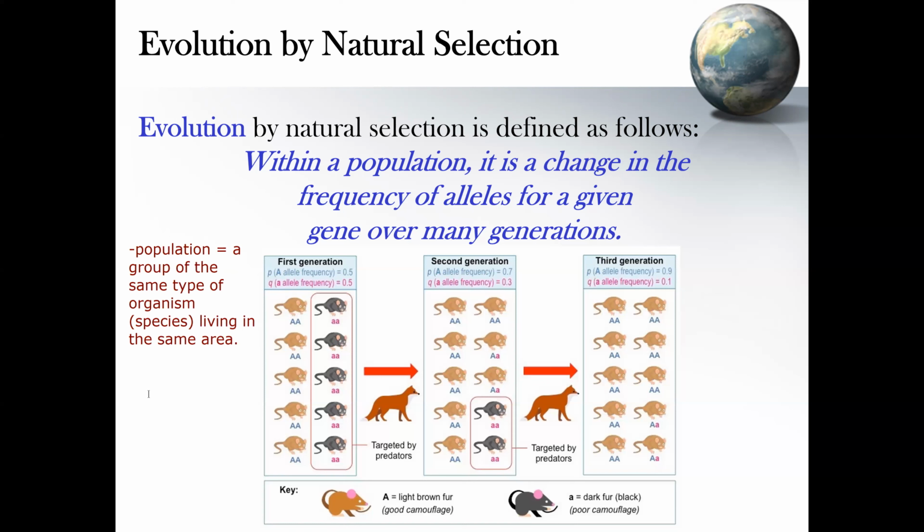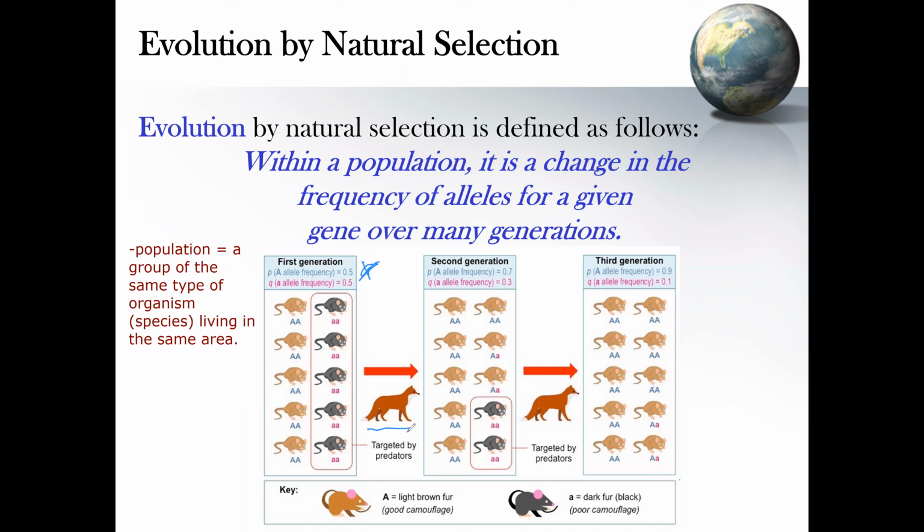So if you look at the first generation, right here, there are 50% gray mice and 50% brown mice in that population. So 50% of your individuals are gray, 50% are brown. Now, let's say a fox is able to easily catch those gray mice.